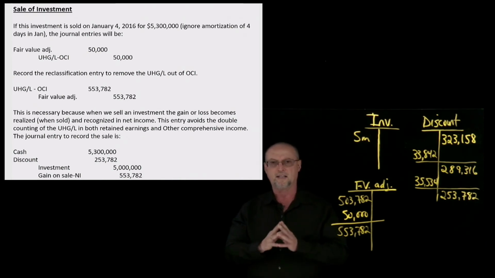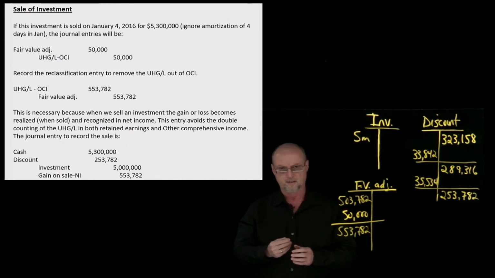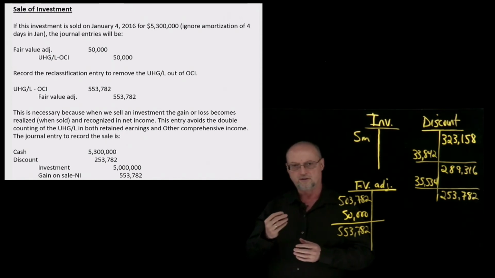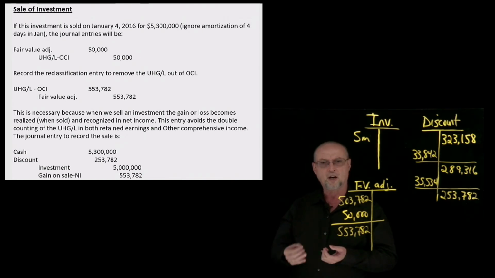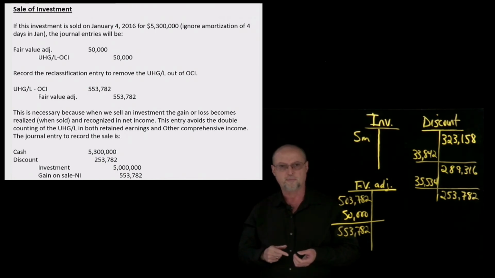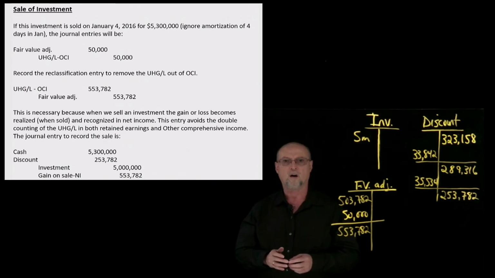When you sell an investment, it becomes realized. When you are sitting on a gain or a loss and you haven't sold the investment, it's unrealized. When you sell it, that gain or loss becomes realized, and all realized gains or losses go on the income statement.